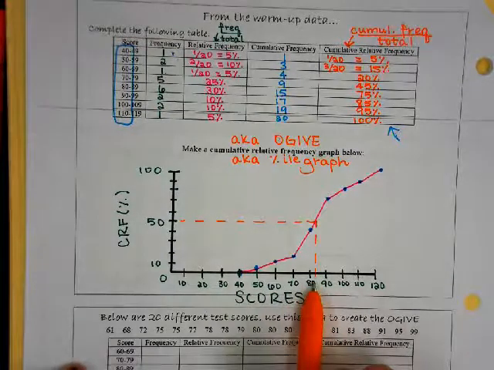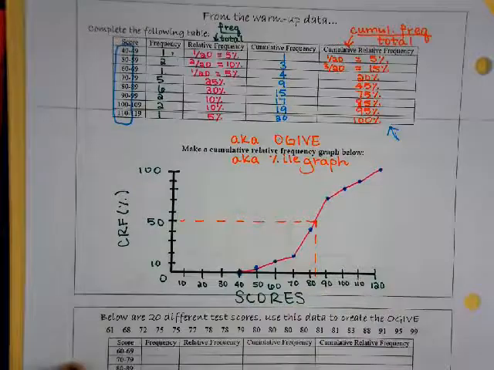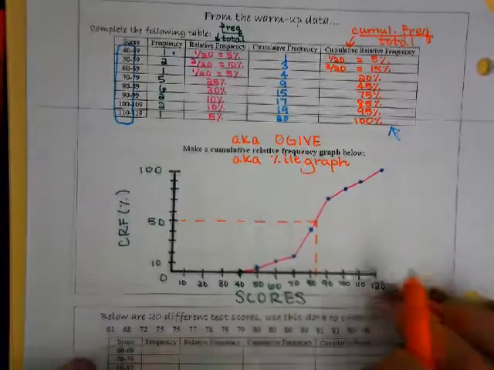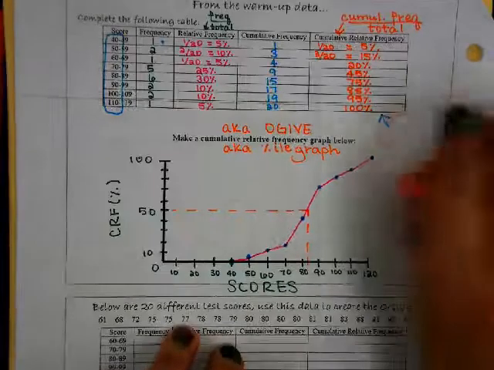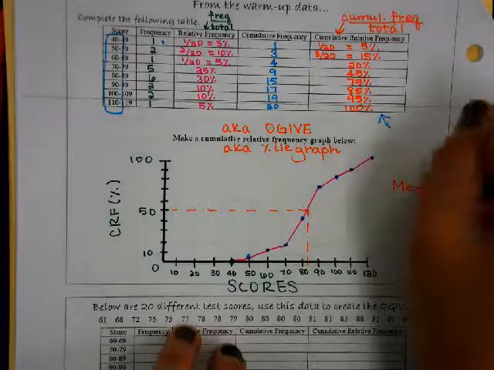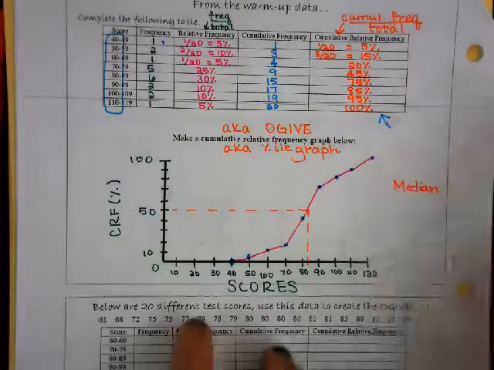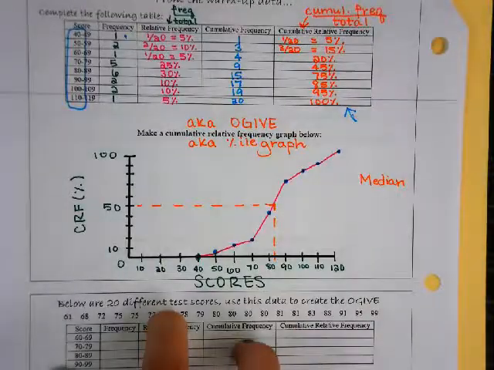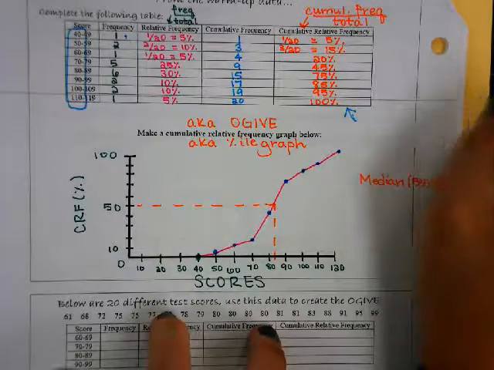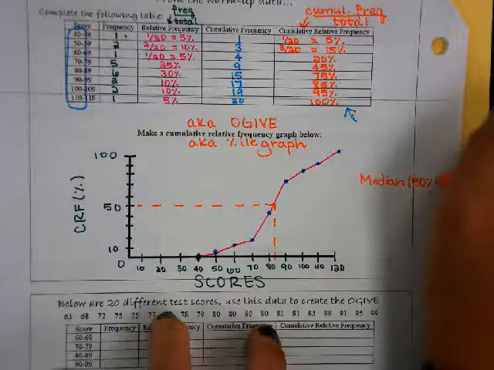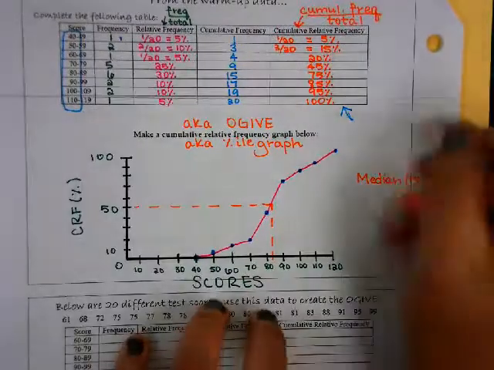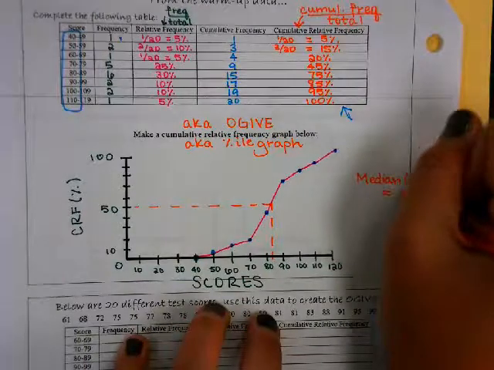It's far enough away but not quite halfway there, so I would say 82 or 83. So the median, which, just as a reminder, is the 50th percentile. Am I off the screen? No. Okay. We would say about 82 or 83. I'll put 83.